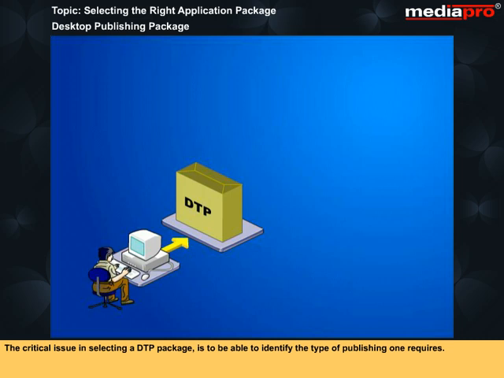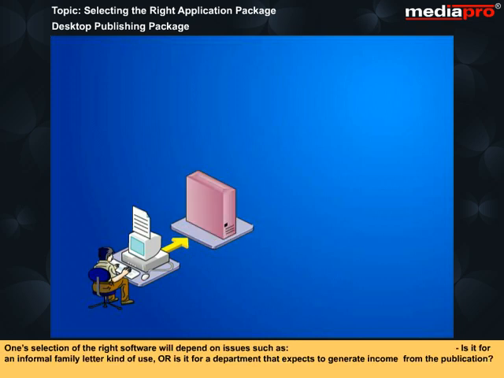The critical issue in selecting a DTP package is to be able to identify the type of publishing one requires. One's selection of the right software will depend on issues such as, is it for an informal family letter kind of use, or is it for a department that expects to generate income from the publication?